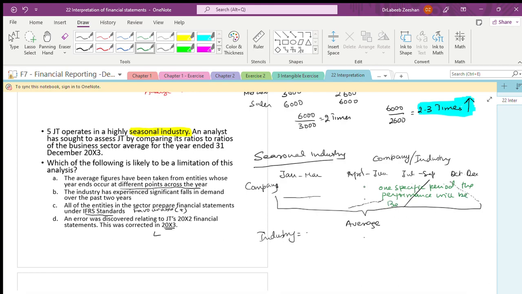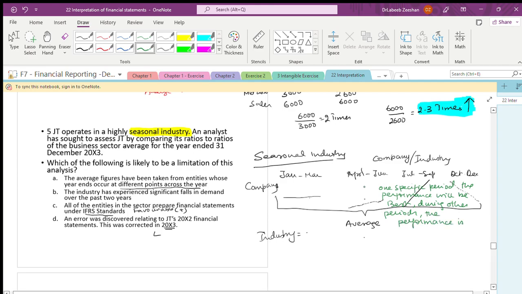During other periods, the performance is lacking. Lacking means it is falling behind, as such.